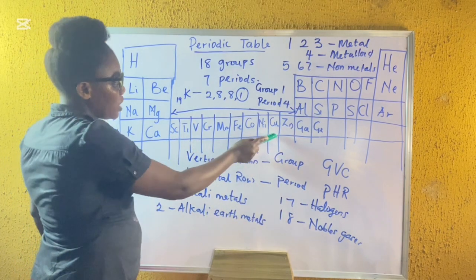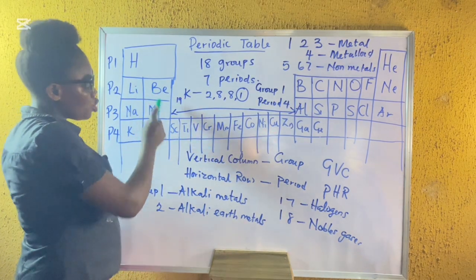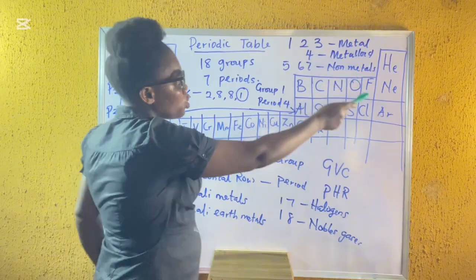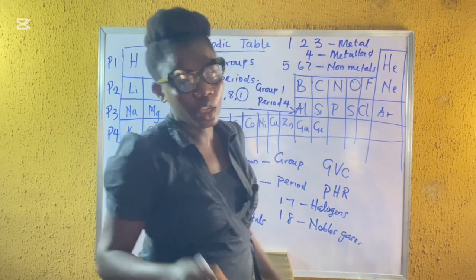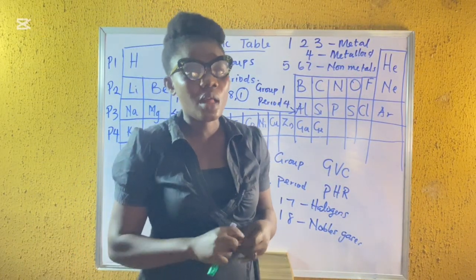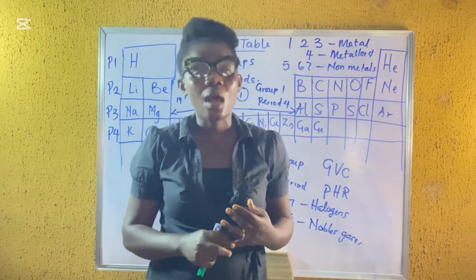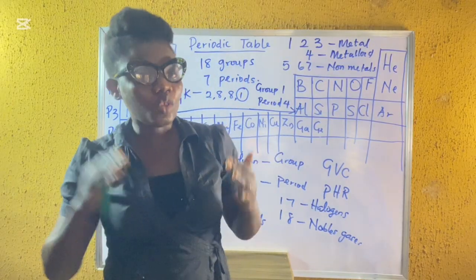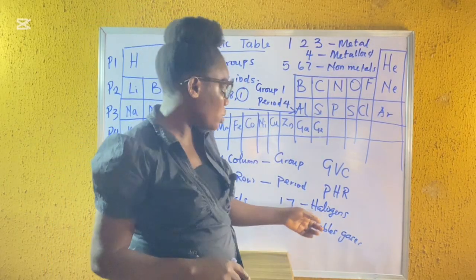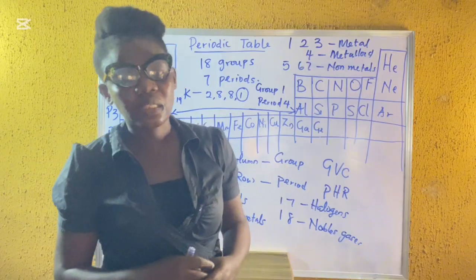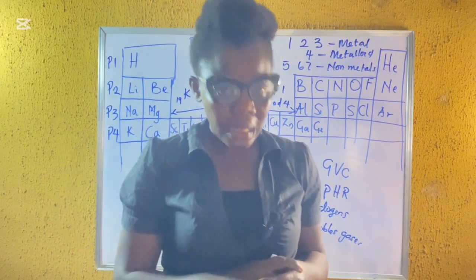They are in between. So you have 1, 2, 3, 4 down to group 18. Group 1 are called alkali metals. Group 2 alkaline earth metals. Group 7, or you say 17, they are called the halogens, and group 18 the noble gases.